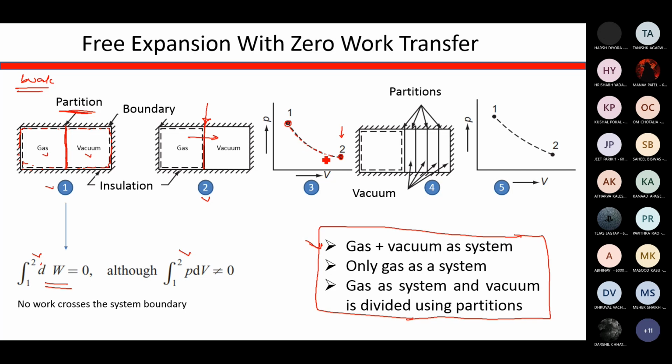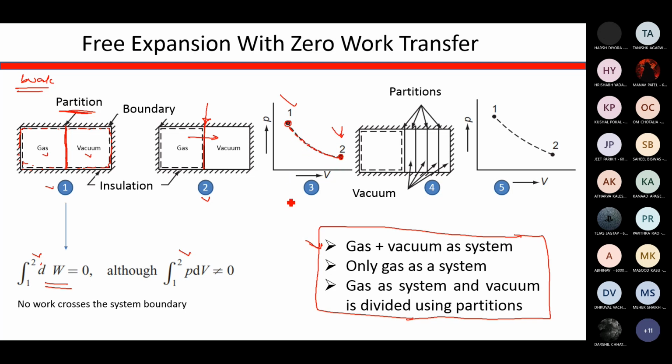You cannot trace the states in between, because when you take out the partition, the expansion of the gas against the vacuum is not a quasi-static process. Note down somewhere: expansion of the gas against vacuum is not a quasi-static process, so you cannot trace this process on the paper like this. So you know only the initial and the final equilibrium state.